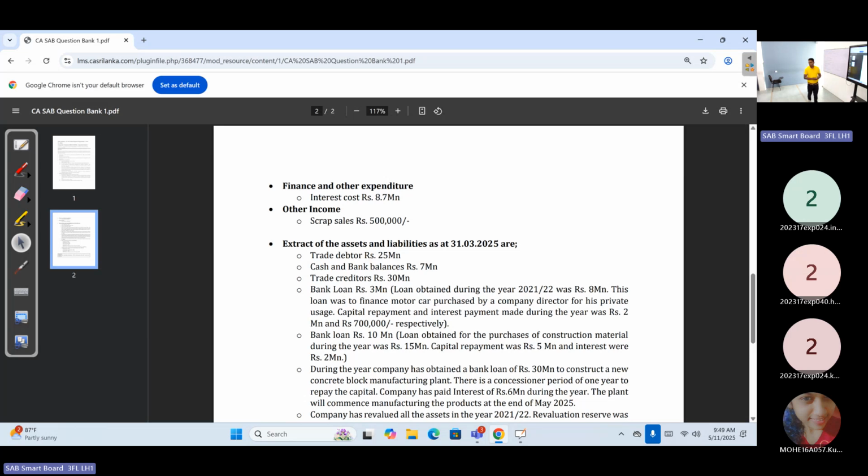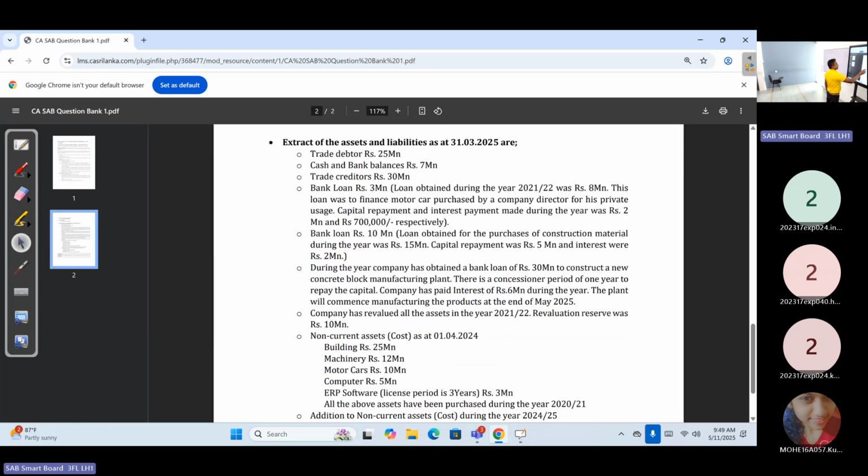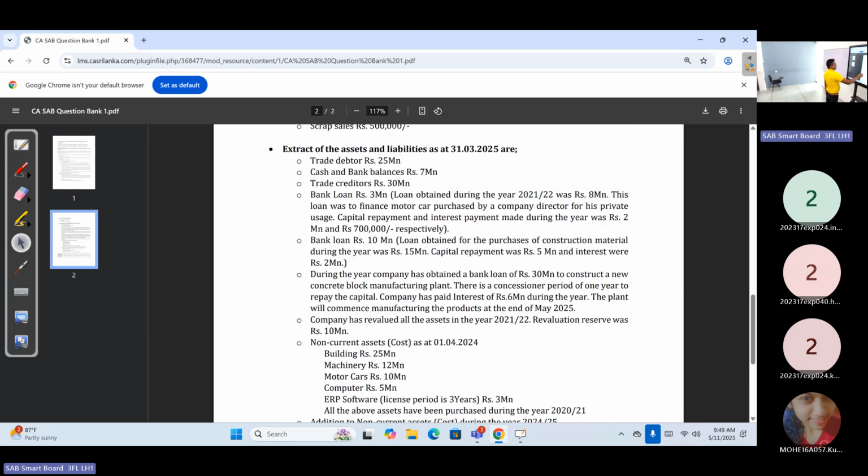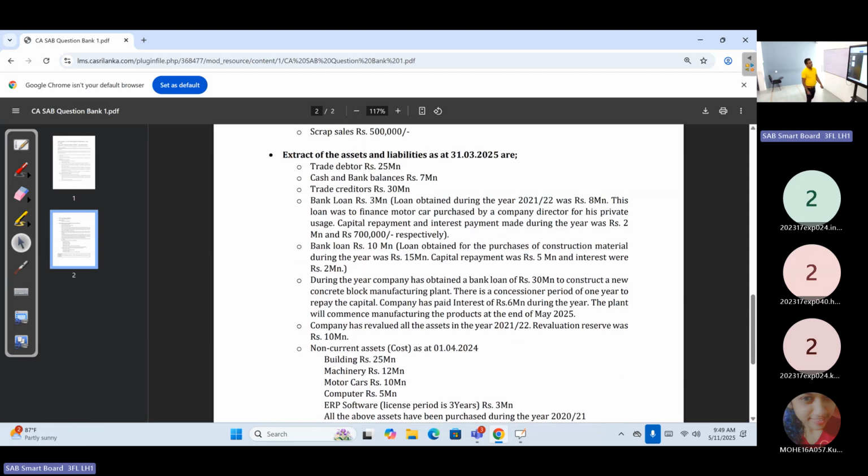Right? So then, in the assets and liabilities, this is important, right? You need to work out this interest. Trade debtors, cash and bank balances, no. Trade creditors, no. Bank loan says bank loan details, right? So total interest cost.